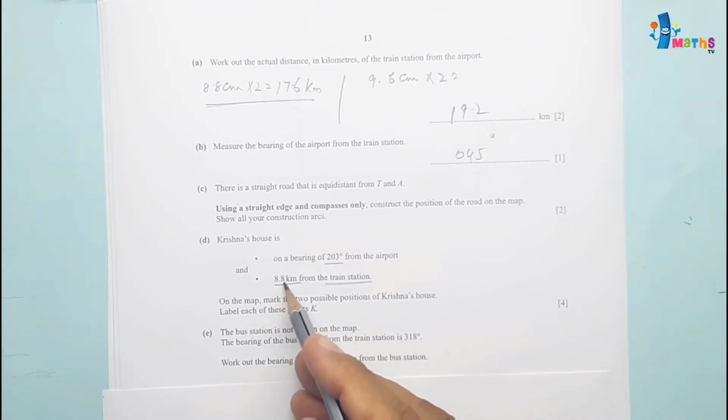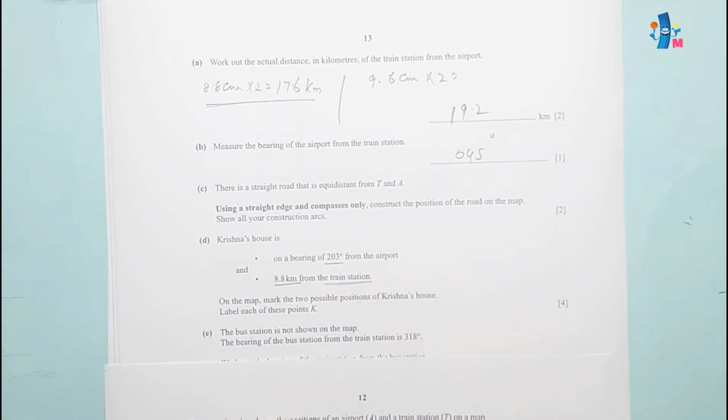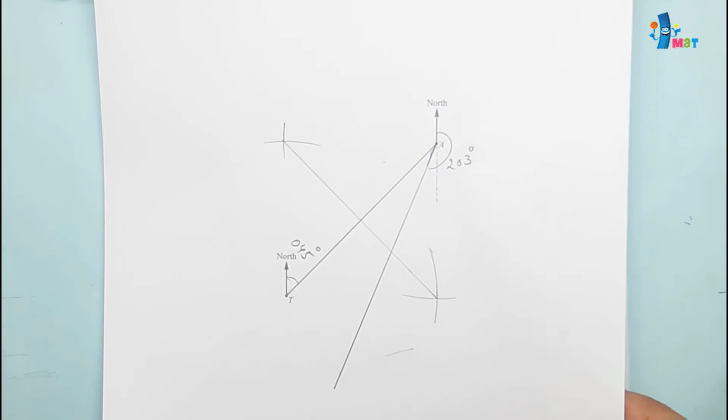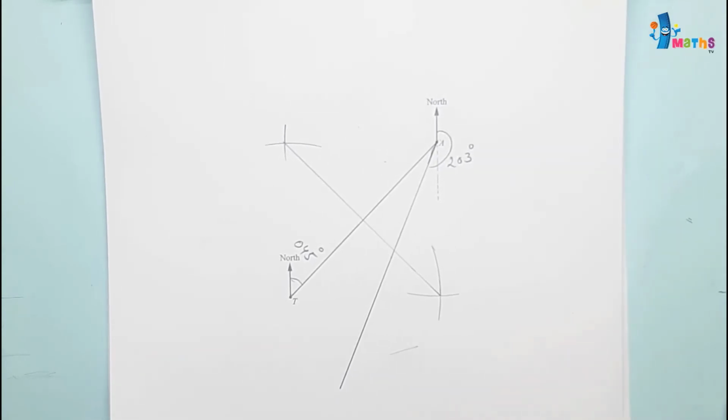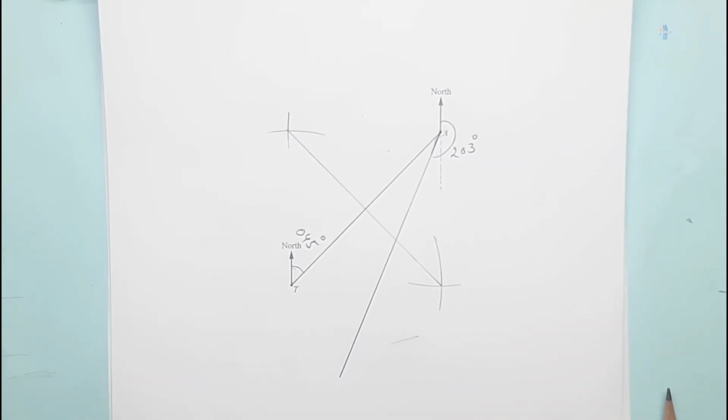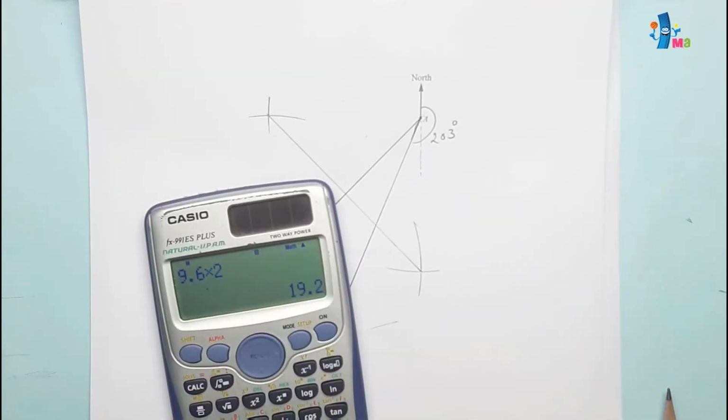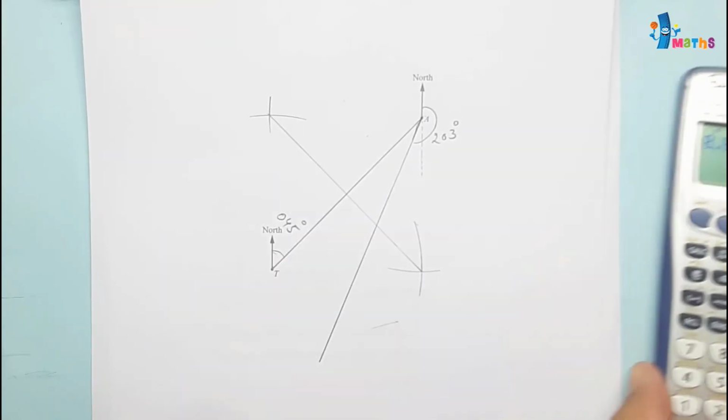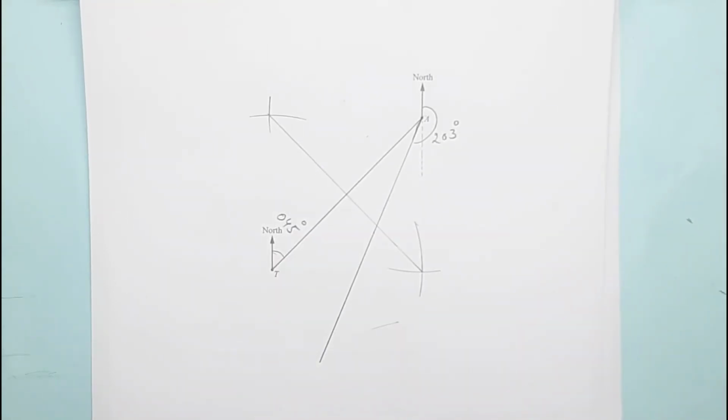Next, 8.8 kilometers from the train station. So 8.8 will be divided by the scale factor, which is 2. This will be equal to 4.4. So we have to open the compass at 4.4.